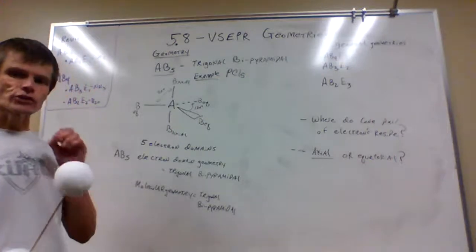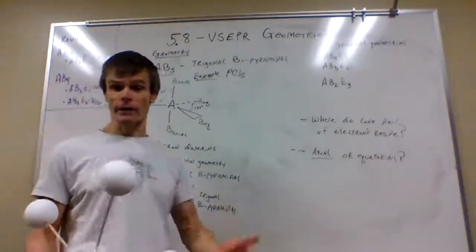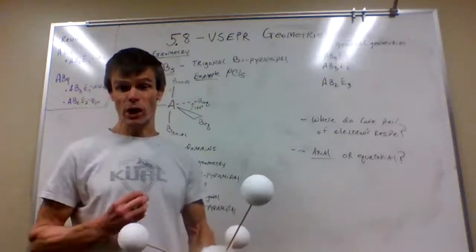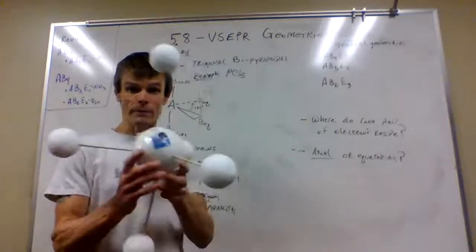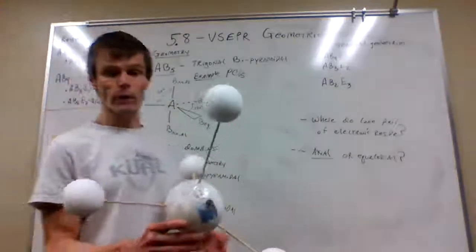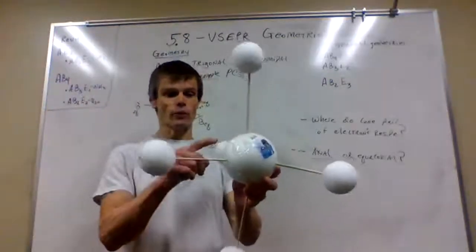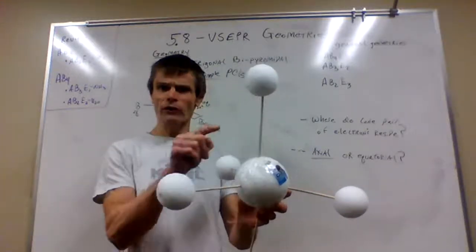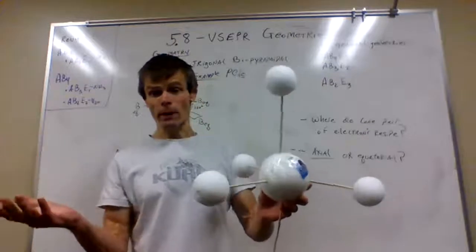So what we're going to show in this part of our lecture is that we can derive 3 additional geometries from the AB5 model. We can derive an AB4E, the situation in which we have the central atom and 4 bonded atoms, and one of the positions is a lone pair.